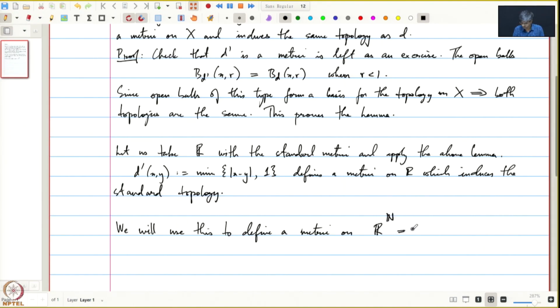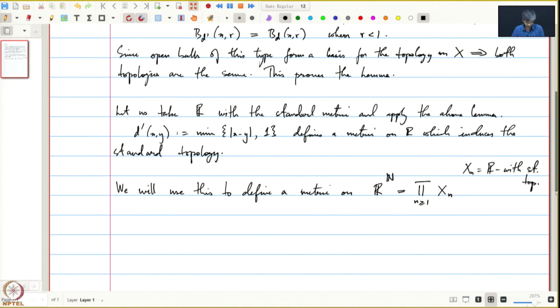So this is the countable product. Let me write it as the product of X_n, where each X_n is equal to R with the standard topology, and this product has the product topology as always. Okay, so we define the following metric.